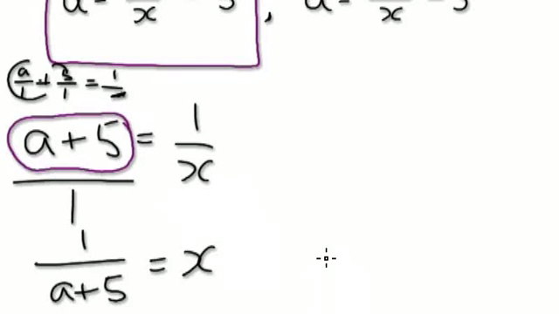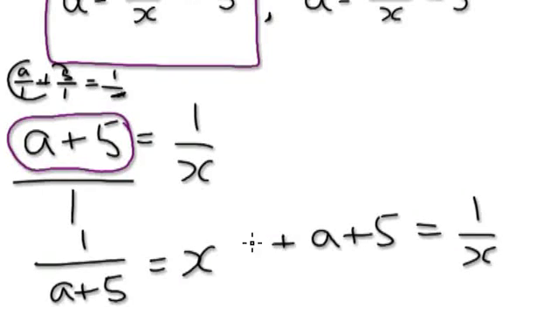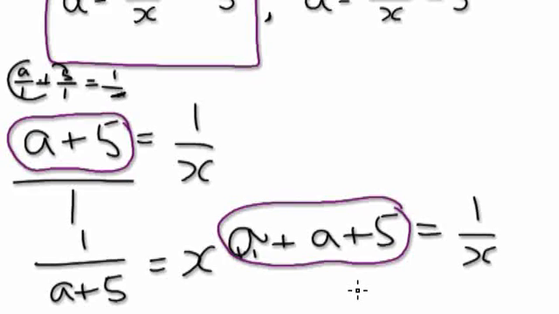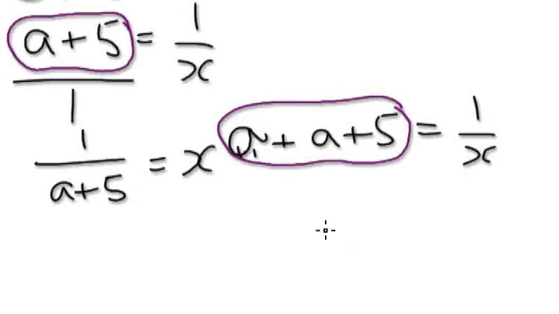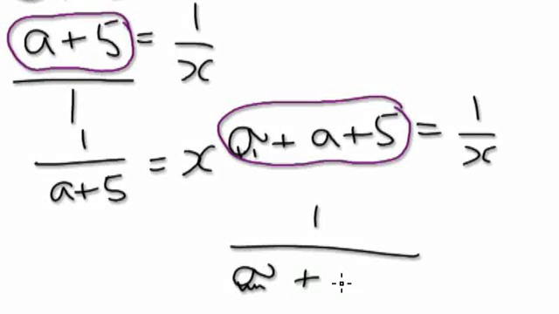If you have something like a plus 5, suppose you have an elephant here, then visualize this as one whole thing here. And when you come to take the reciprocal of both sides, it would be 1 over elephant plus a plus 5.